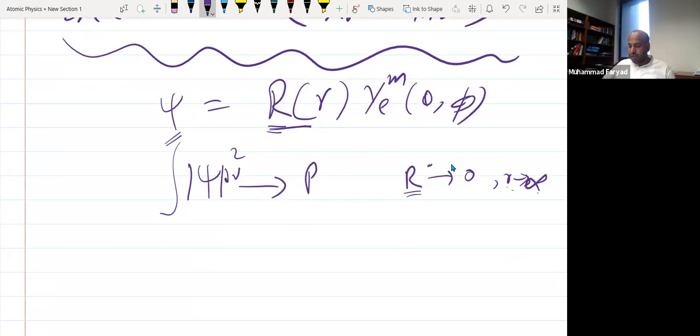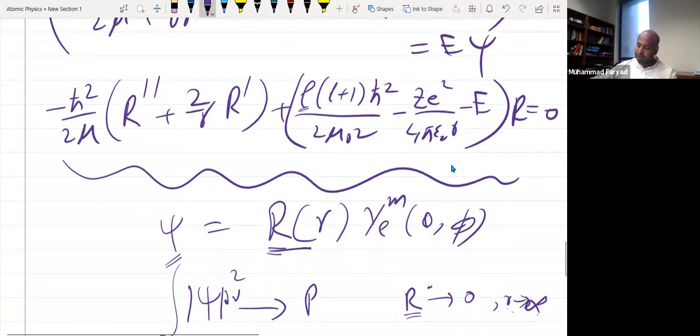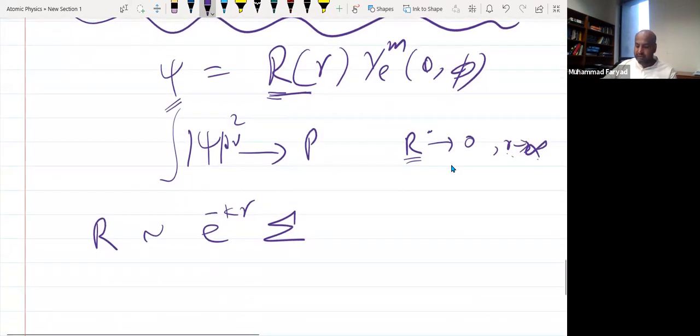So to make sure that these conditions are satisfied, the solution is assumed to be of this type, where there is some exponential term which decays as r goes to infinity, and since this is not an equation with constant coefficients, it can be solved using a series solution method.